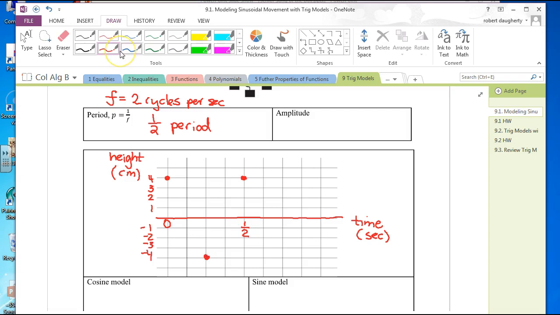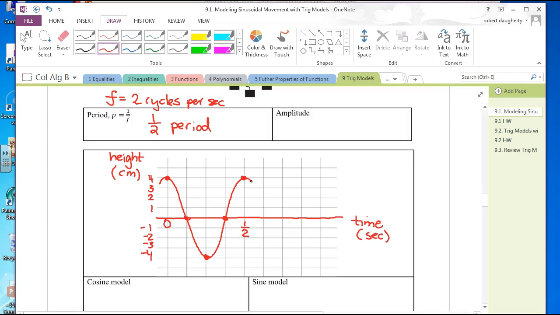So then you can see, what do you think is going to happen halfway in between here? 0. Okay, so we're going to see something that looks like this, okay? What does that look like? Yeah, so if I'm looking here, this looks like a cosine graph, okay?